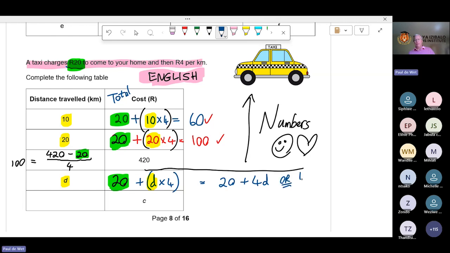Okay, 4d plus 20. Okay, my phone is shouting at me and saying we must stop for a break. I want us just to do this one. I want us to just get an answer for this one before we have our break. This is working backwards. And I want you to go and look at what happened when we work backwards with numbers. We're going to do exactly the same thing.